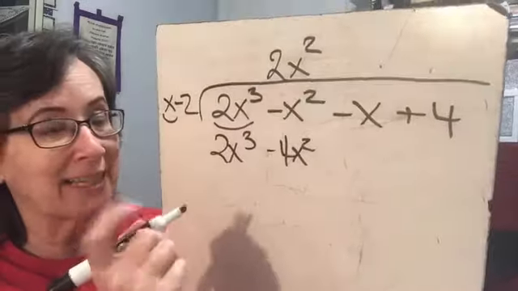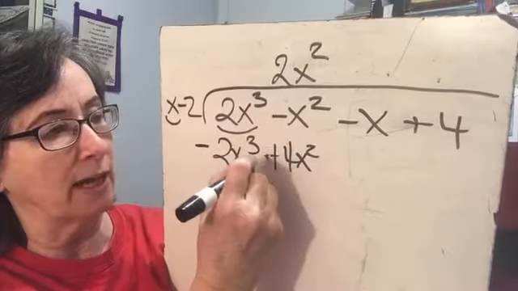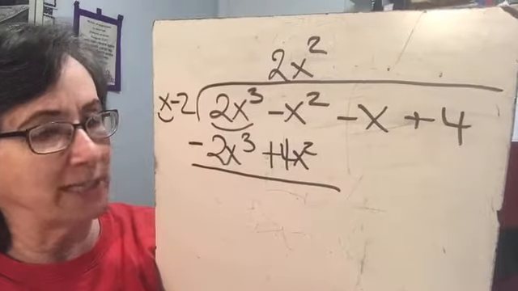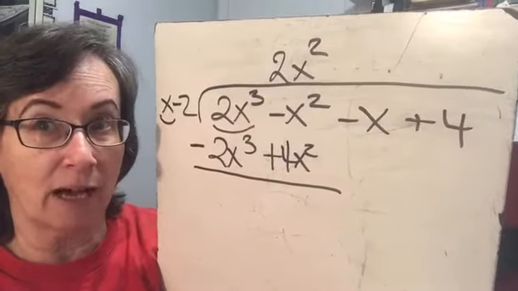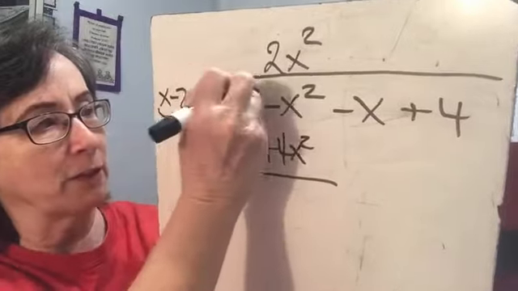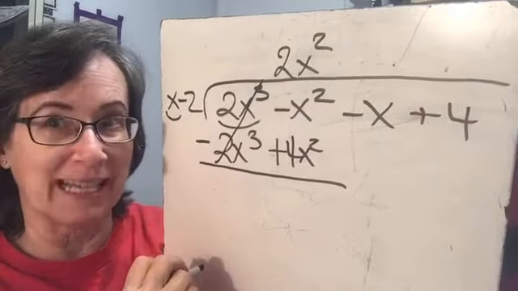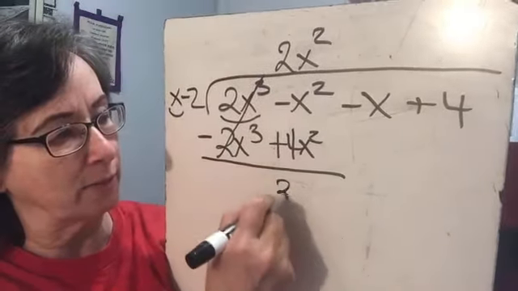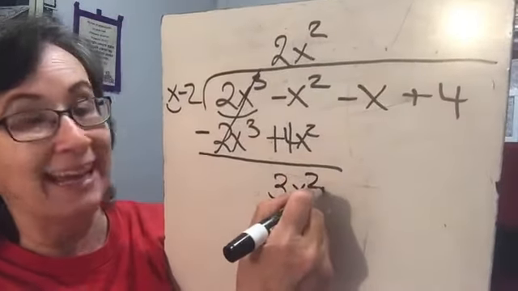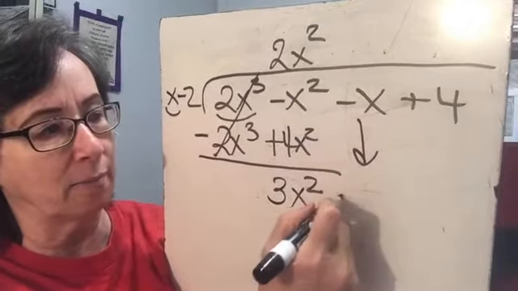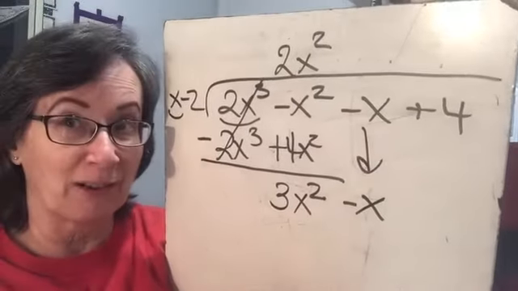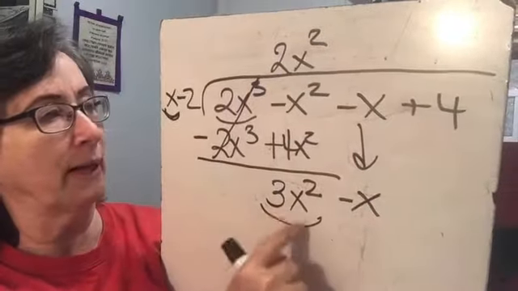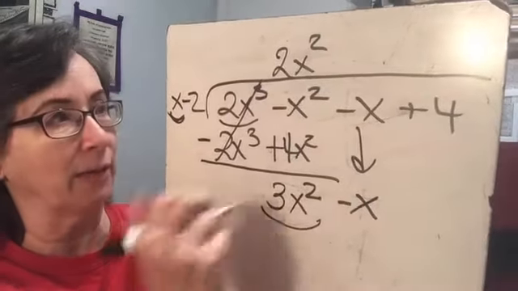I'm subtracting, so I change both signs and add. Okay, so subtraction is addition of the opposite. So now there's my check step. It should always happen, right? Negative x squared plus 4x squared is 3x squared. And now it's time to bring down my negative x and start all over again. The first into the first, 3x squared divided by x is 3x.